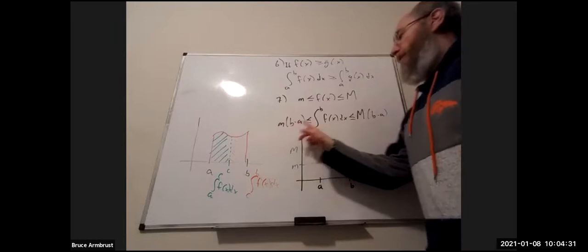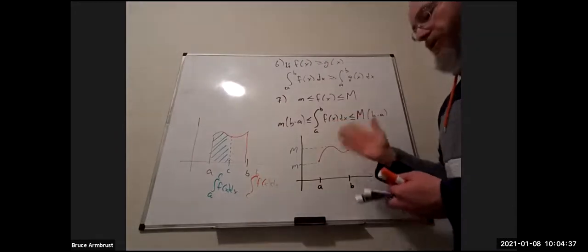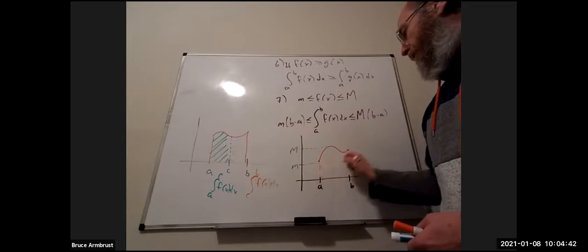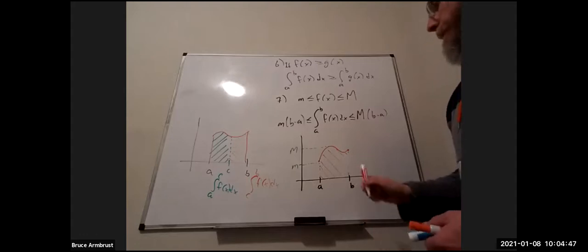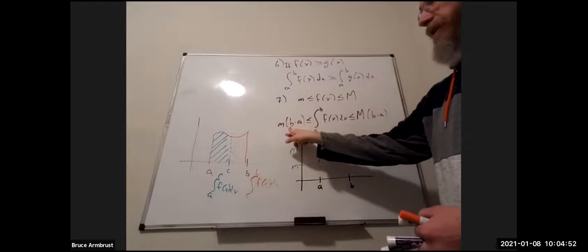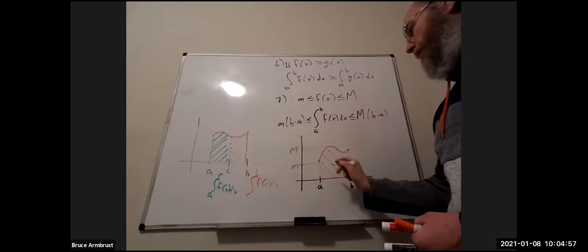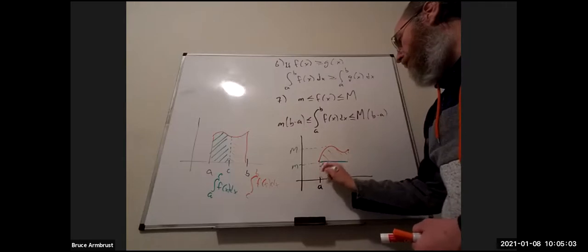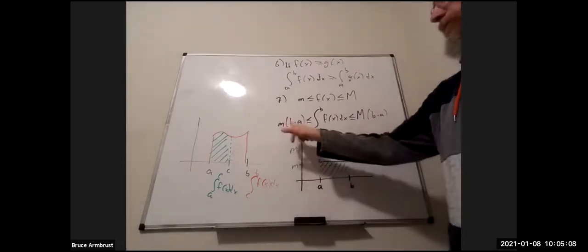Now I'm going to draw these three things as areas so you can see what's going on. Now the area under the curve, you know that one. That's this, right? So there's our integral. Let's look at this left-hand side. It's little m times b minus a. Well, little m times b minus a is the area of this rectangle, right?